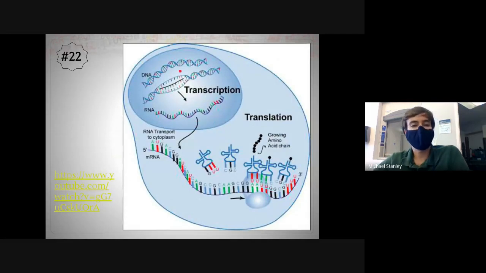So again, we start off in our nucleus, where our DNA is copied down by a strand of RNA. So a specific gene for a protein is copied.